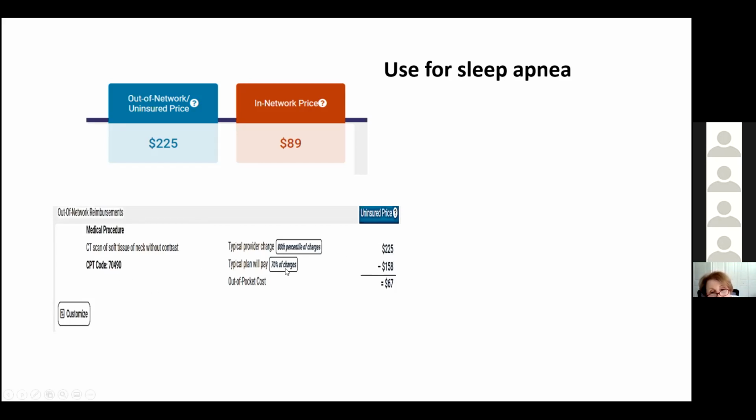At the 70th percentile of payment, the average fee was $158, and the patient's out-of-pocket cost was $67. So he separates the two sometimes in getting the answers for this, or could take a full CBCT scan and do both. Everybody is a little different.